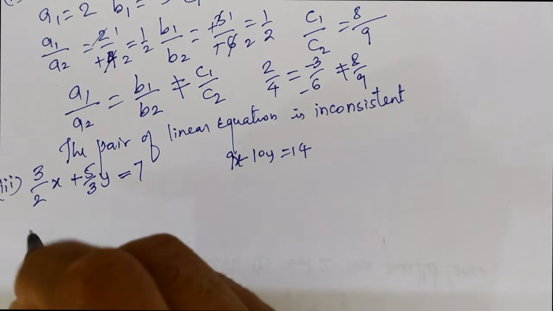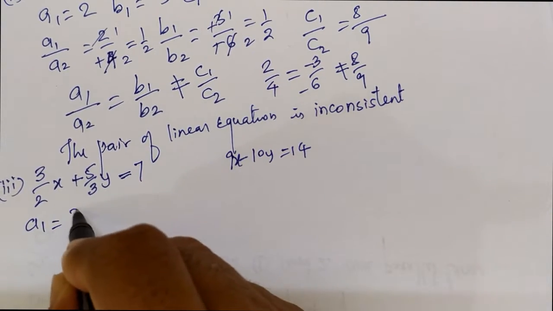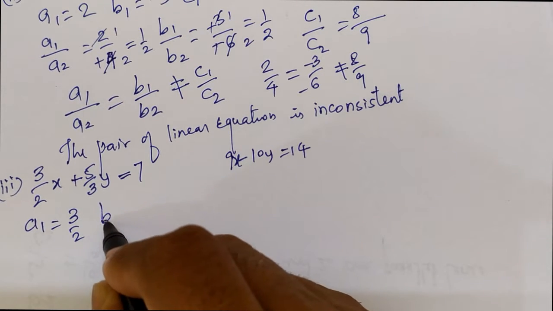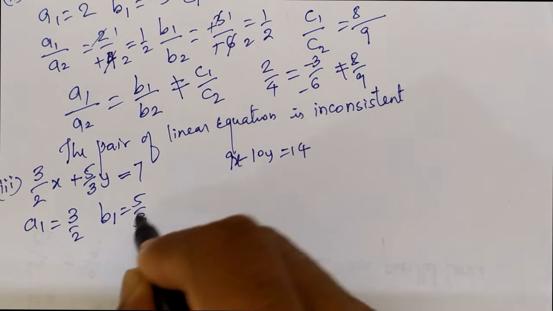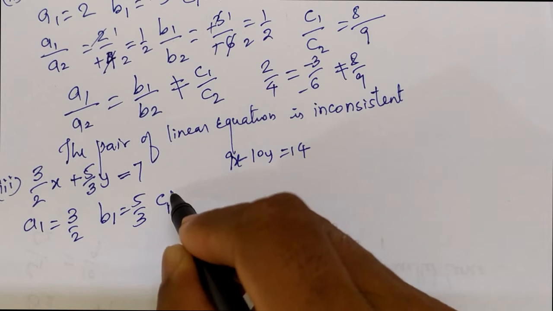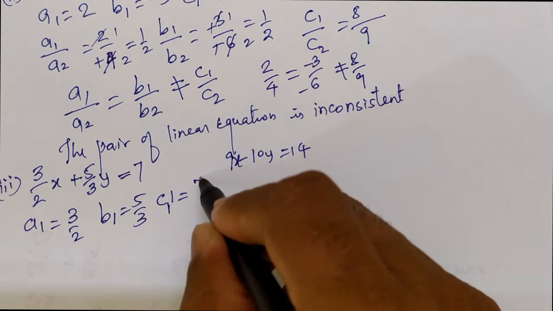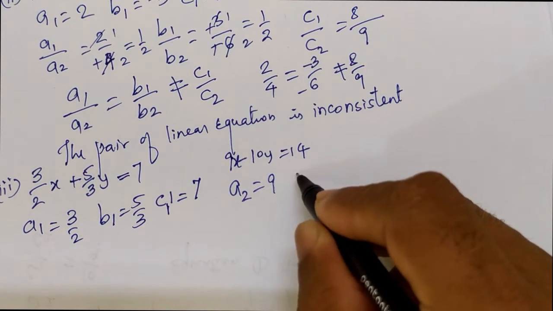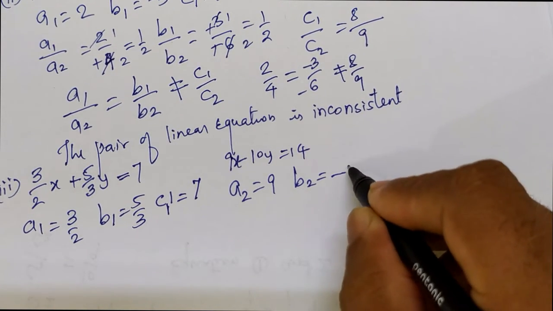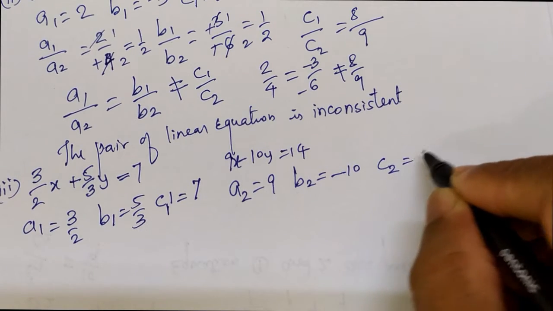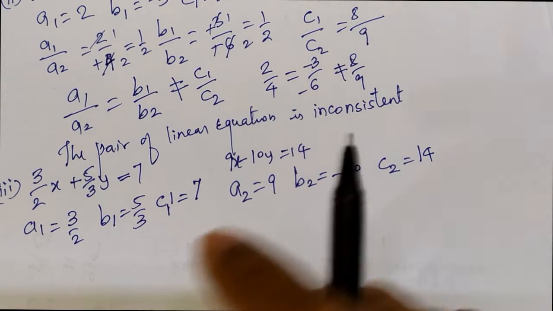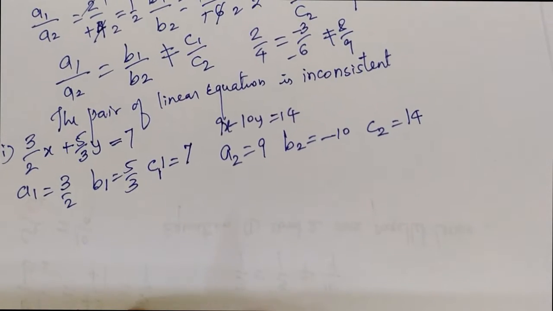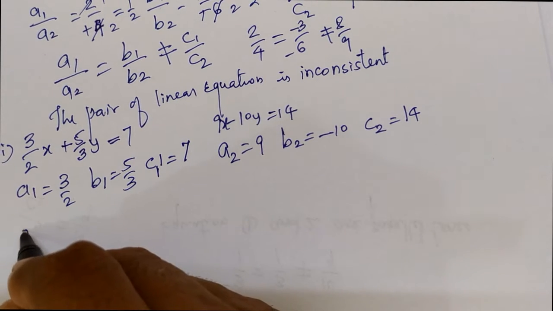So we'll write down A1 is 3 upon 2, B1 is 5 upon 3, C1 is 7. Here A2 is 9, B2 is minus 10, and C2 is 14. So we'll write down A1 upon A2.